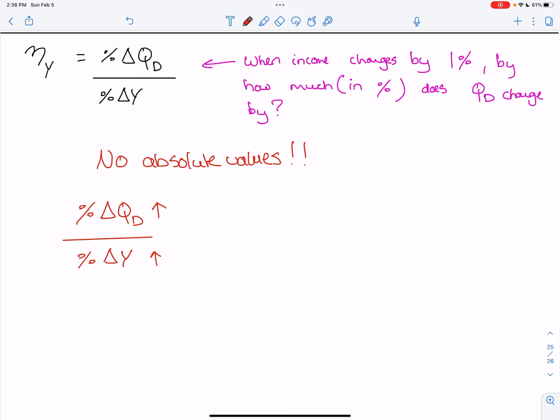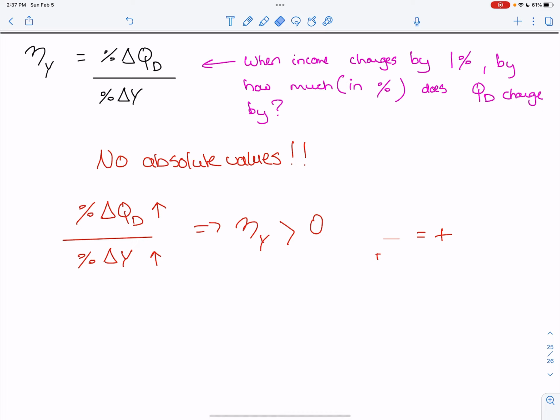Then your elasticity would be positive. It would be greater than 0, okay? Because if both of them go up, then your change in quantity is going to be positive. And of course, your change in income, because it's gone up, is also positive. So a positive number over a positive number equals another positive number. So you're going to have a positive elasticity, okay?